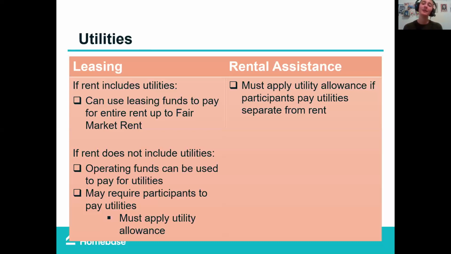If there are utilities not included in the rent that the participant is responsible for paying, then you have to factor that into the total cost of housing. We'll walk through more about what that means when we talk about calculating the client portion of rent, but basically it means you have to take into account utilities that the client is paying for outside of their rent when you're figuring out how much rent they should be paying.